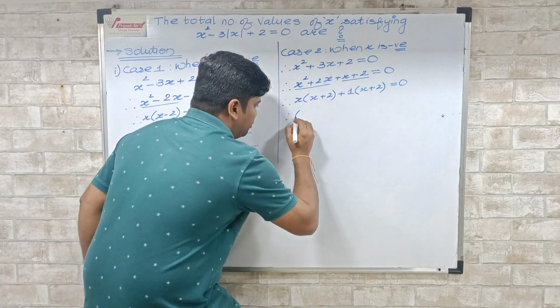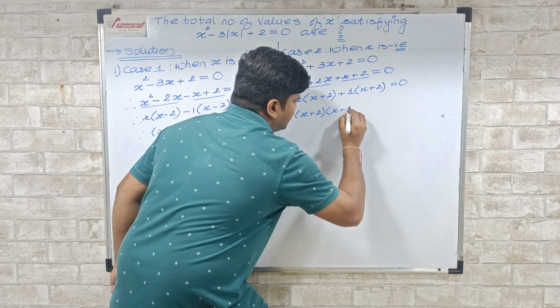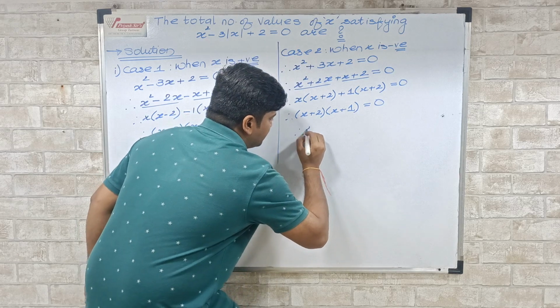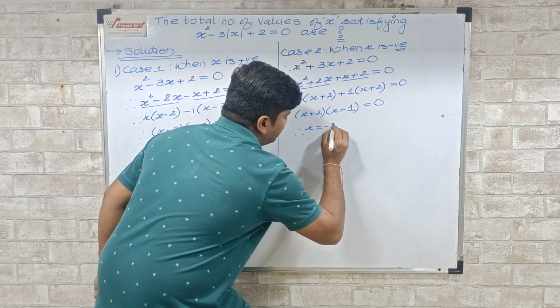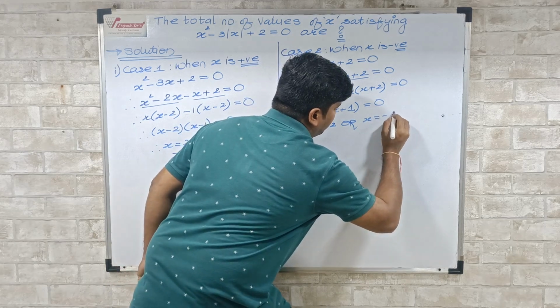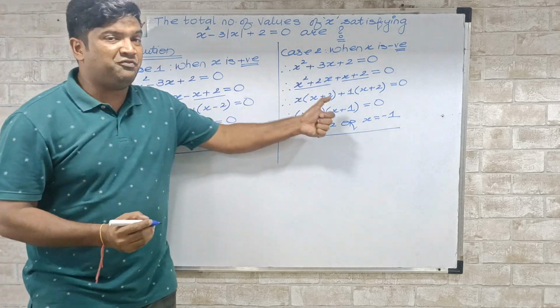So now you frame two brackets, so x plus 2 and x plus 1 entirely equal to 0. So either x would be -2 or x would be equal to -1. So these are the next two values of x.